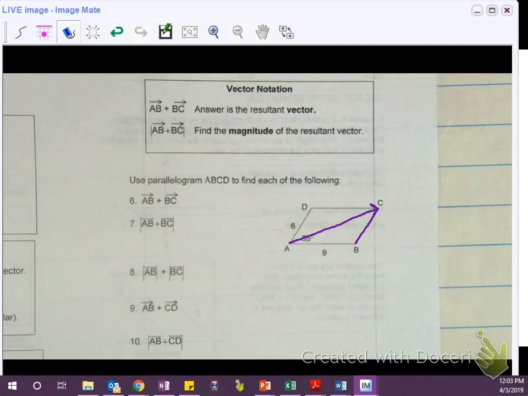So we need to find the distance from B to C, but it's a parallelogram, right? So BC has to be 6 because AD is 6. It's not a right triangle.